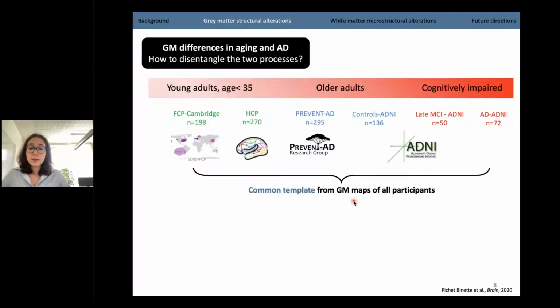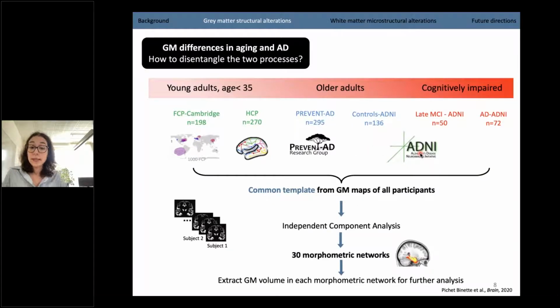We generated a gray matter map of all these participants, and then we wanted to use a data-driven approach to generate gray matter networks that would be representative of our whole sample. So we decided to use independent component analysis, from which we had 30 networks, and we refer to them as morphometric networks. Those are the features we then use to do further analysis.